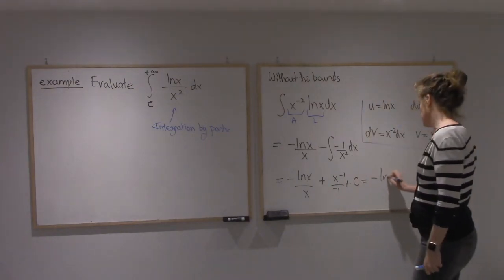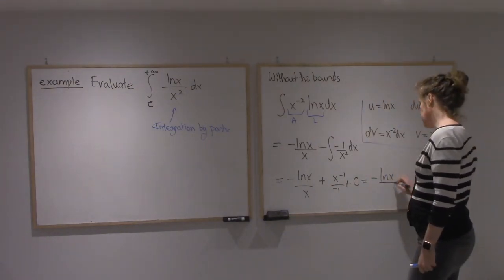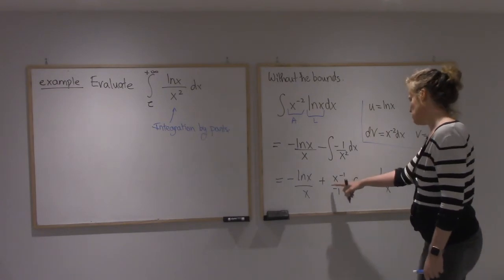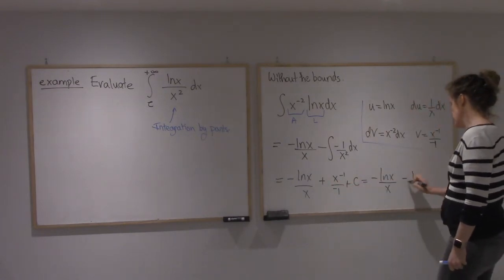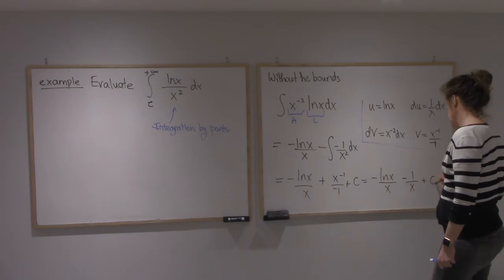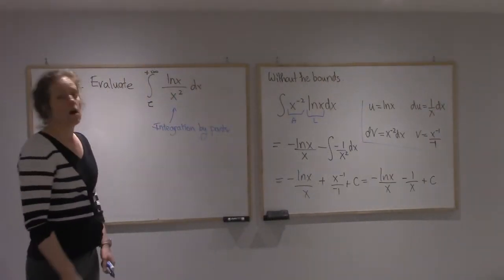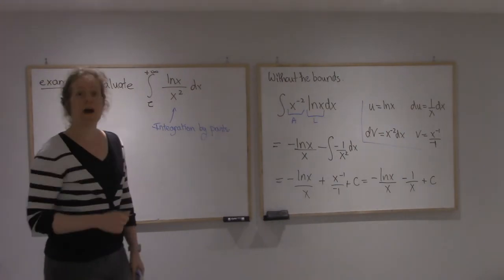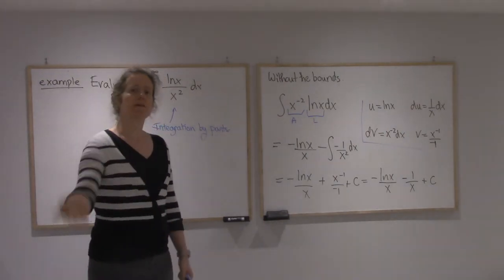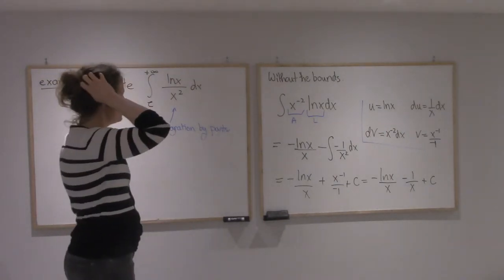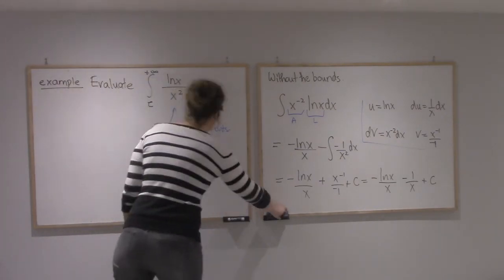I get minus log of x over x minus 1 over x. Alright, so I've done this on the side so I don't have to do it with both a limit and with bounds. And now I'm ready to tackle this one.